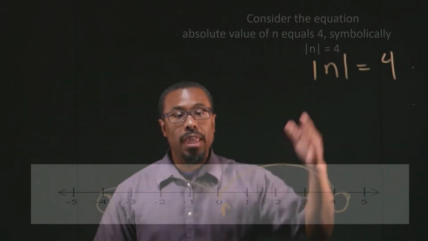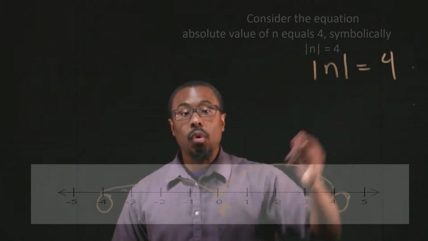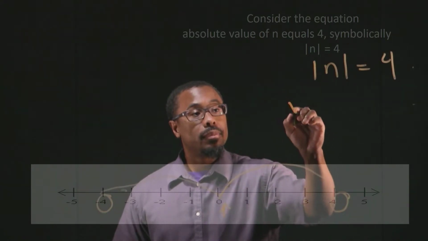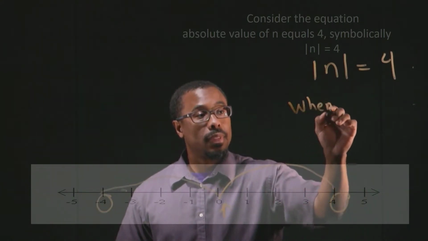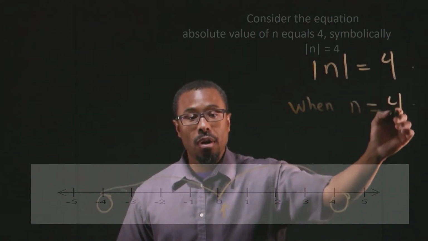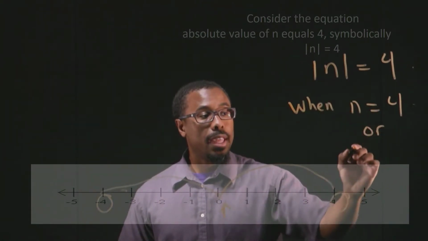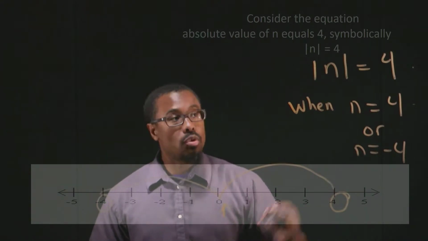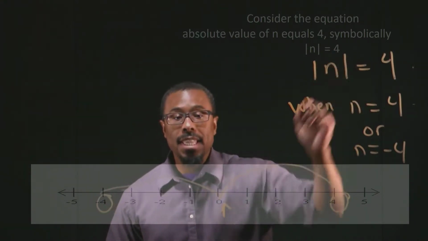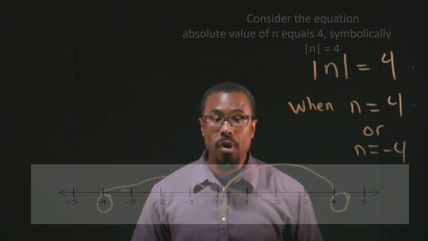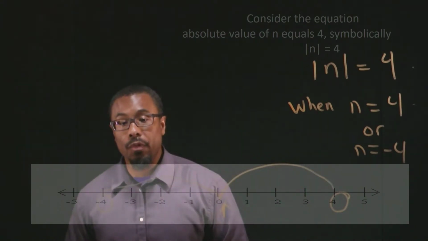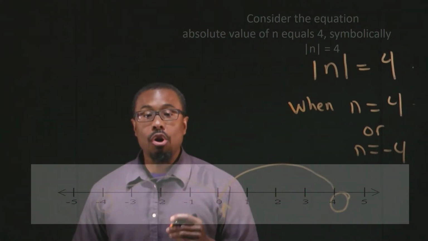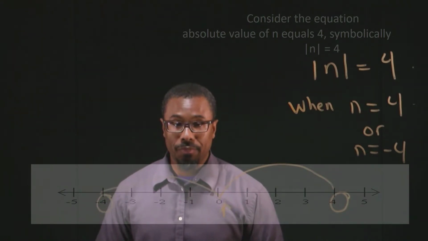So the absolute value of n equals 4 when n equals 4 or n equals negative 4, because 4 and negative 4 are both 4 units away from 0.